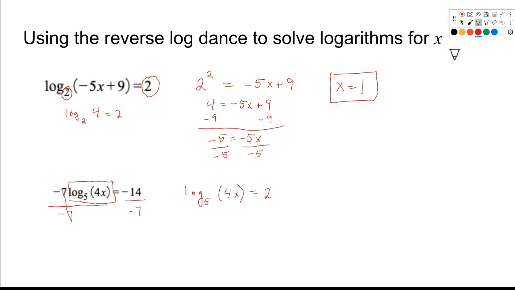Now with the log dance, we're going to see this becomes relatively easy to solve. So the base of a logarithm becomes the base of an exponential. The answer becomes the exponent, and the input becomes the answer. So that's that log dance. It's just to move them around, right?